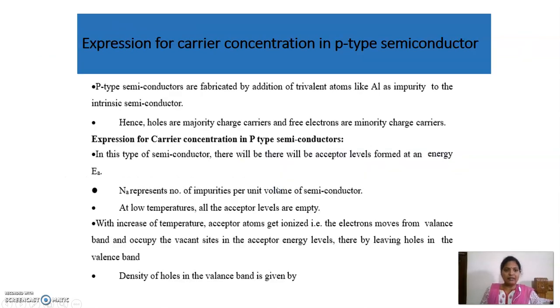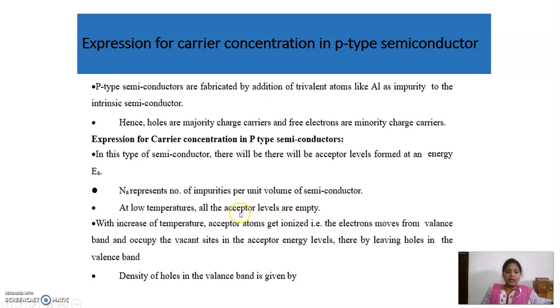Now we will get into the derivation. This is the expression for the carrier concentration in a p-type semiconductor. A p-type semiconductor is doped with a trivalent impurity like aluminium, gallium or indium. Let Na represent the number of impurities per unit volume of semiconductor. At low temperature, all the acceptor levels are empty.